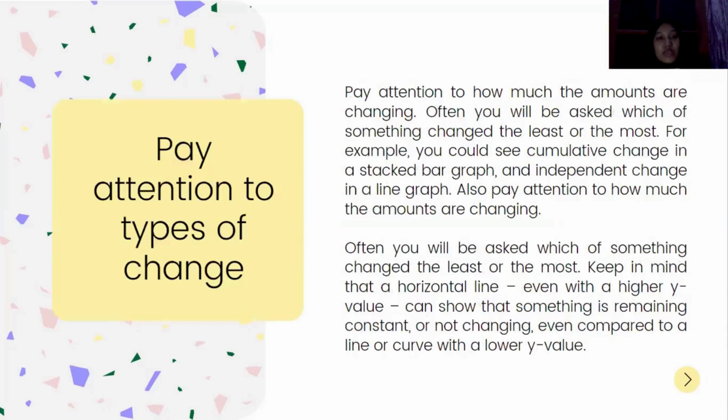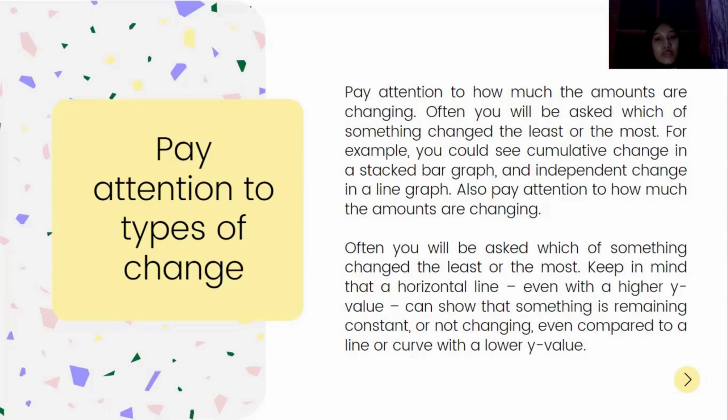Pay attention to types of change. Pay attention to how much the amounts are changing. Often you will be asked which of something changed the least or the most. For example, you could see cumulative change in a stacked bar graph, or independent change in a line graph.